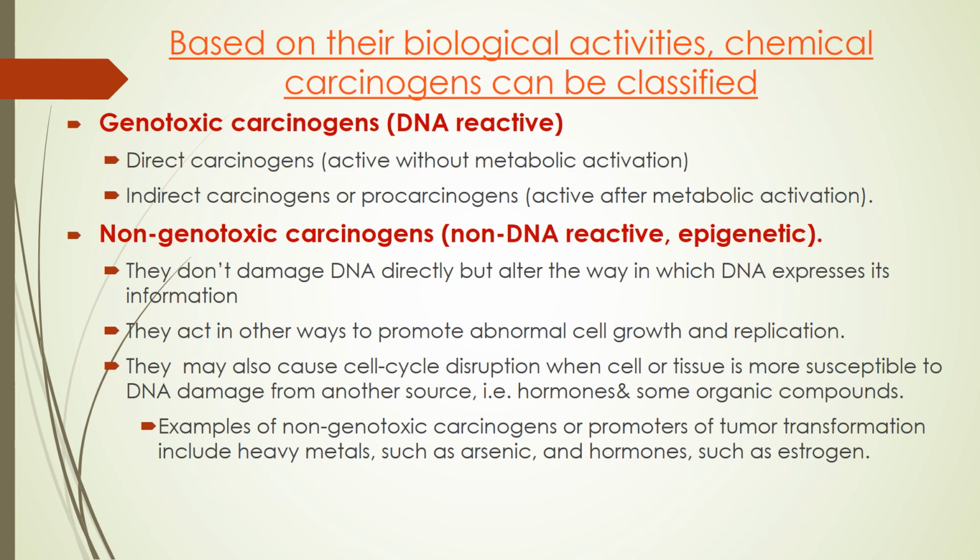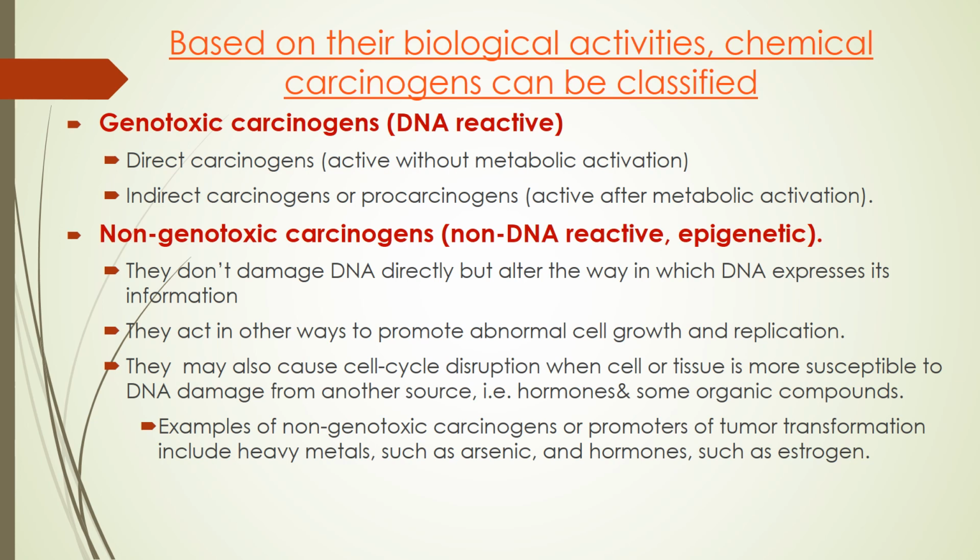The cytochrome enzyme system. Now coming to non-genotoxic carcinogens, they don't damage DNA directly but alter the way in which DNA expresses its information. They act in other ways to promote abnormal cell growth and replication.